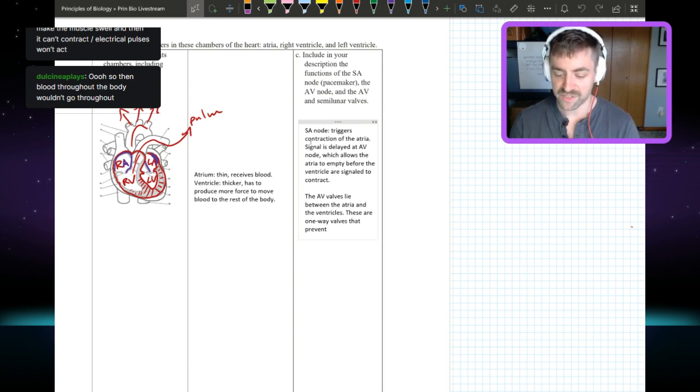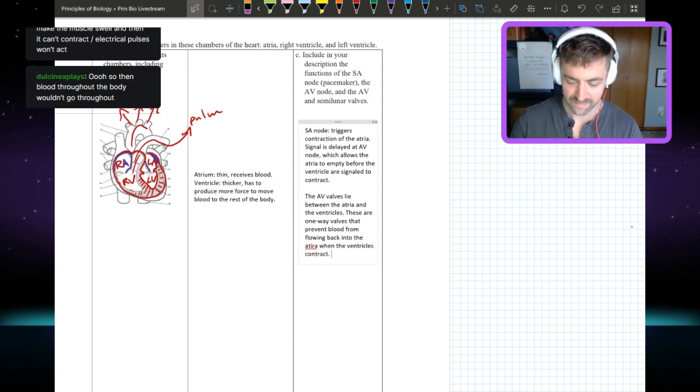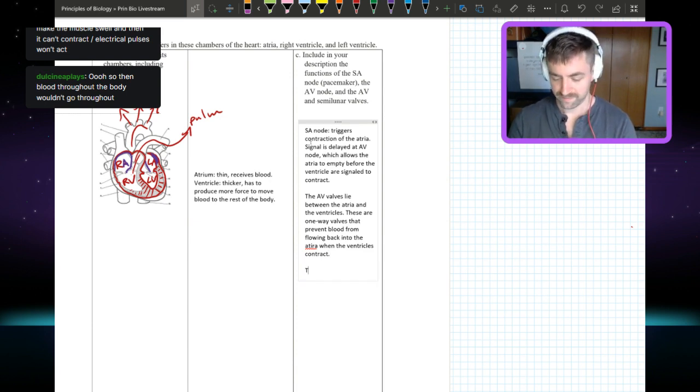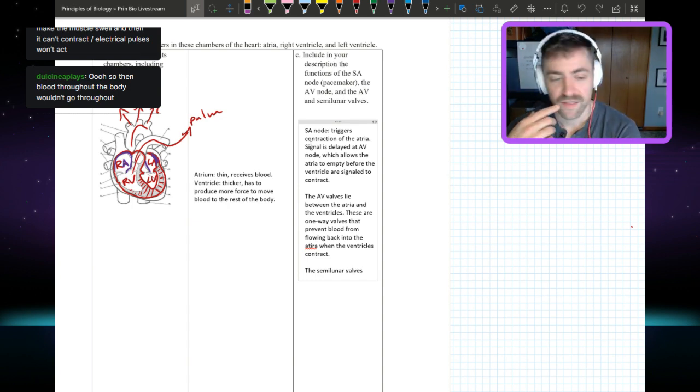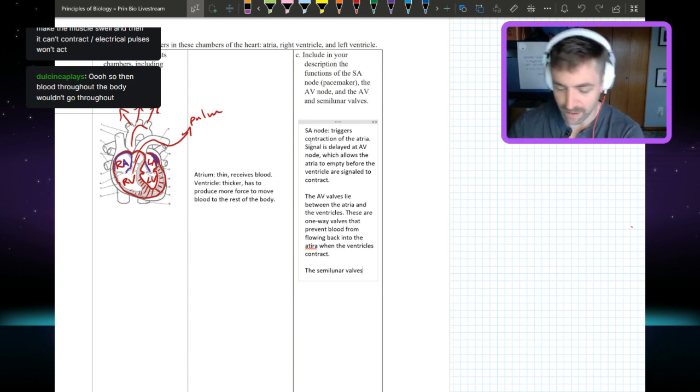So the AV valves lie between the atria and the ventricles. These are one-way valves that prevent blood going back when the ventricles contract. So backflow is also bad. The semilunar valves lie between the left ventricle and the aorta.